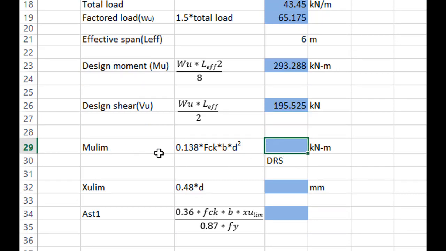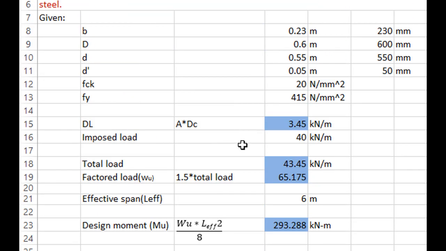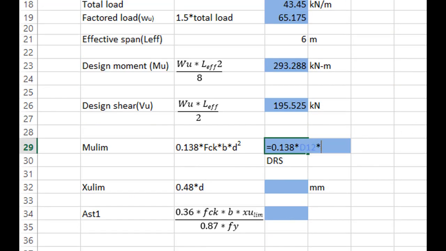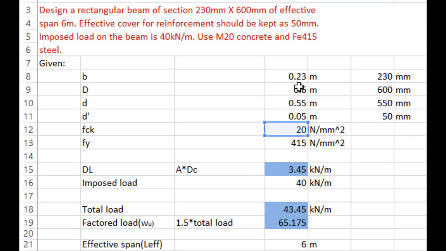Similarly, we have to calculate the value of the Mu limit, which is nothing but 0.138 fck b d square. So equal to 0.138 into fck. We have the value of 20 Newton per mm square into b, which is this one, and d is your small d, raised to 2, multiplied by 1000.